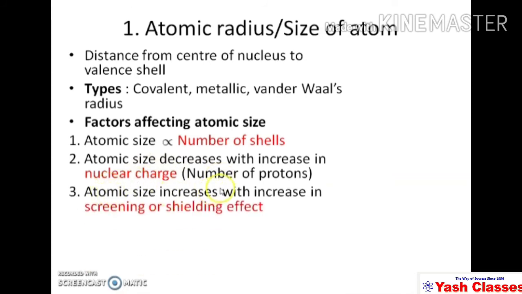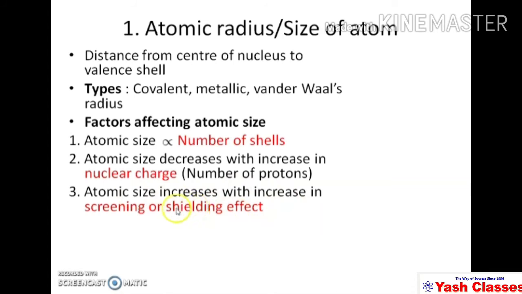Next factor is that atomic size depends upon screening effect or shielding effect, and from top to bottom the screening effect or shielding effect increases. Actually, this screening effect or shielding effect is because of the electrons present in f orbitals or d orbitals or inner orbitals.